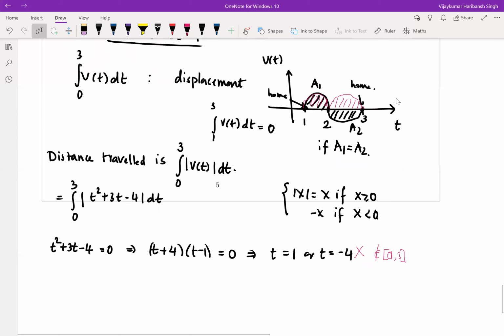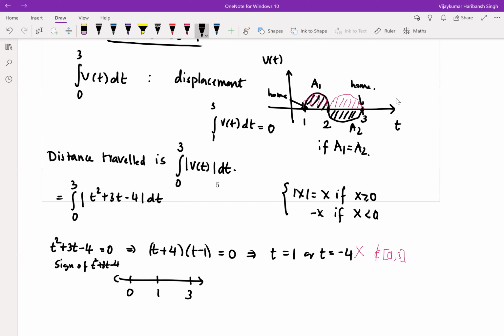Now you have to see what is the sign of this function. So at 1, things are changing. So you have 0, you have 3. We are interested in the sign of t square plus 3t minus 4. Take a point of your choice.